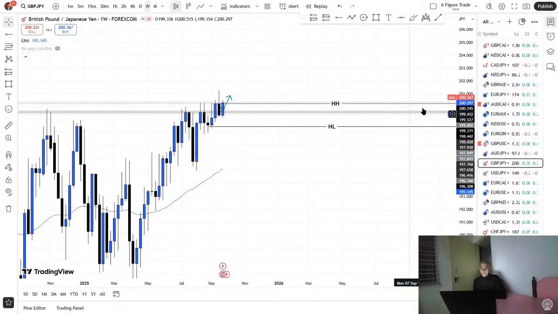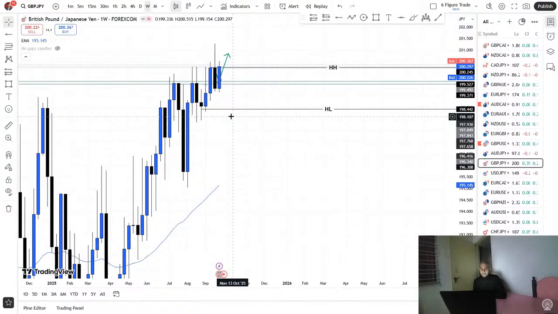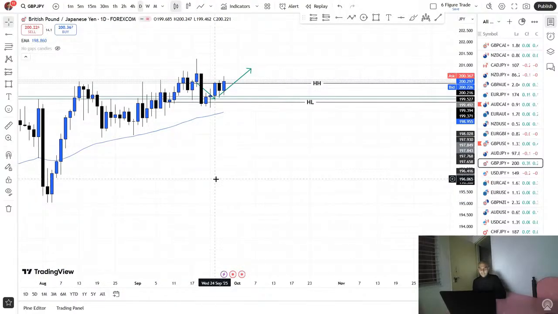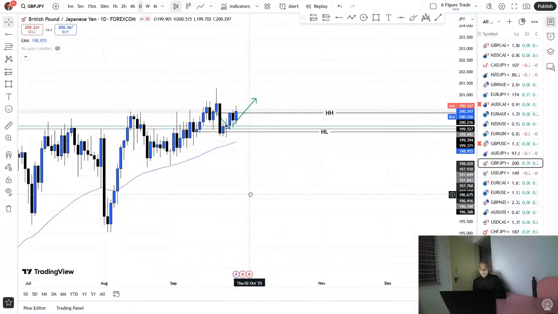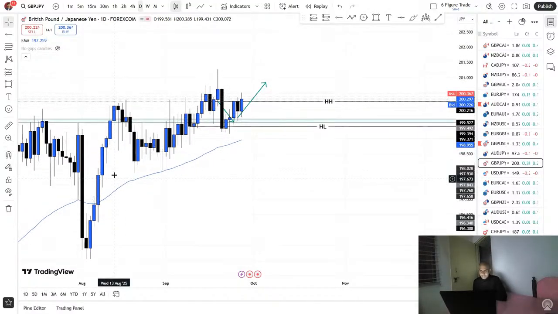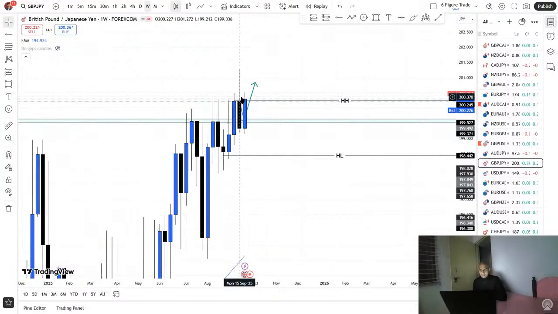GJ, exactly the prediction, brother. I know I am predicting it. I have said this. See my lines, bro. See my lines. This is my prediction that it is going to come up till here and then it is going to go up.